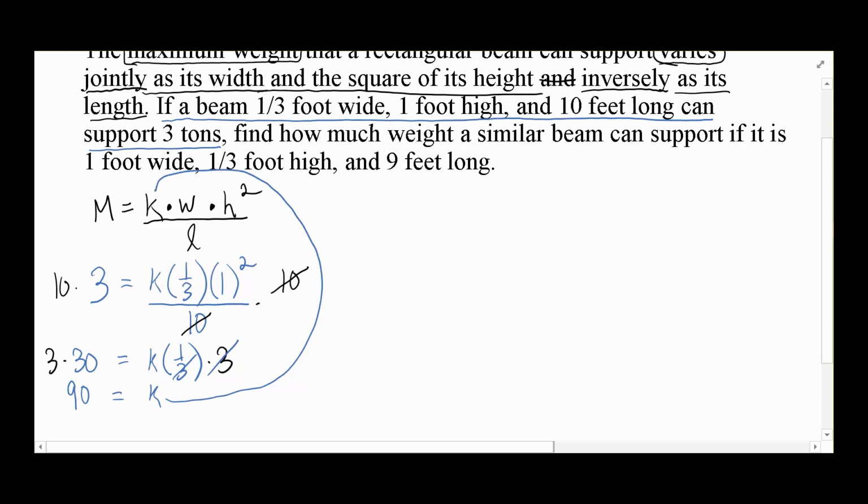Now we can plug that back in and rewrite our equation. Let me switch over to black ink so we have a differentiation here. We have capital M equals 90 times W times H squared all over L. Our last part is to plug in the partial information and solve for the remaining variable.